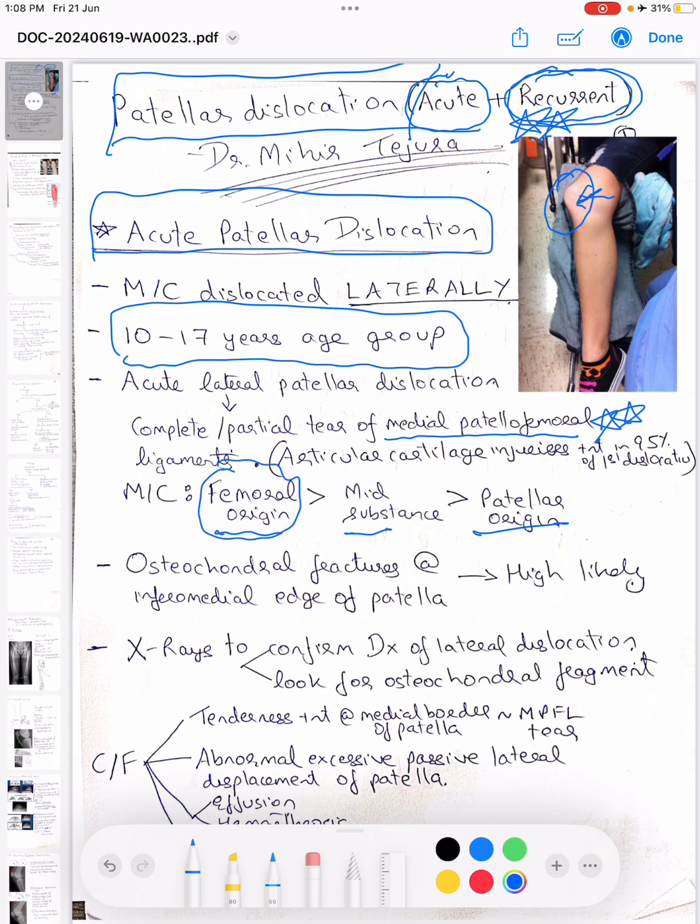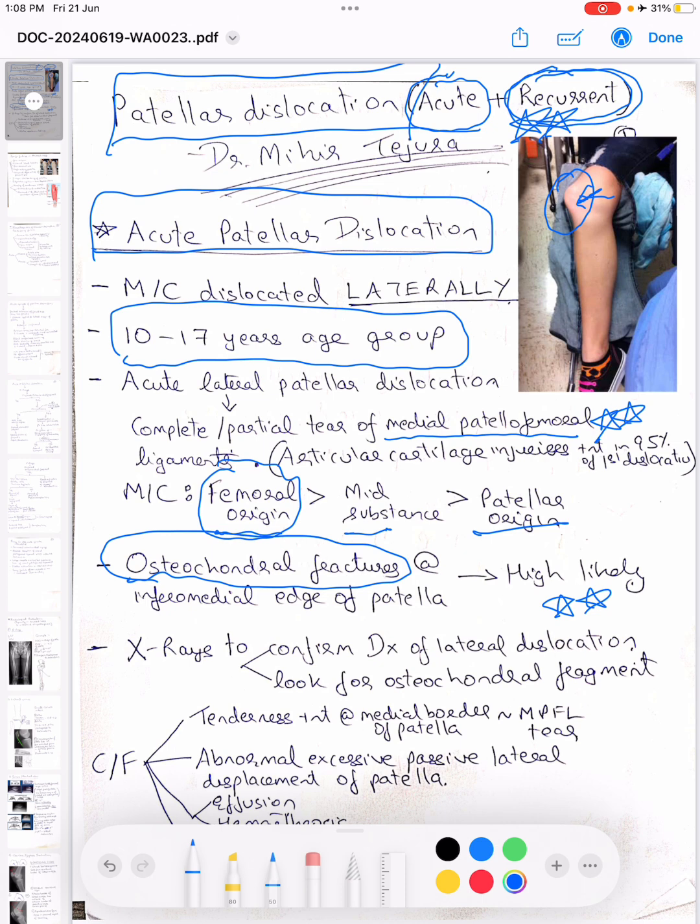Now, in a case of patellar dislocation, when do you get a warning sign? It demands operative fixation whenever there is a large osteochondral fragment or osteochondral fracture. The second question which should come to your mind is, from where do we get the osteochondral fragment?